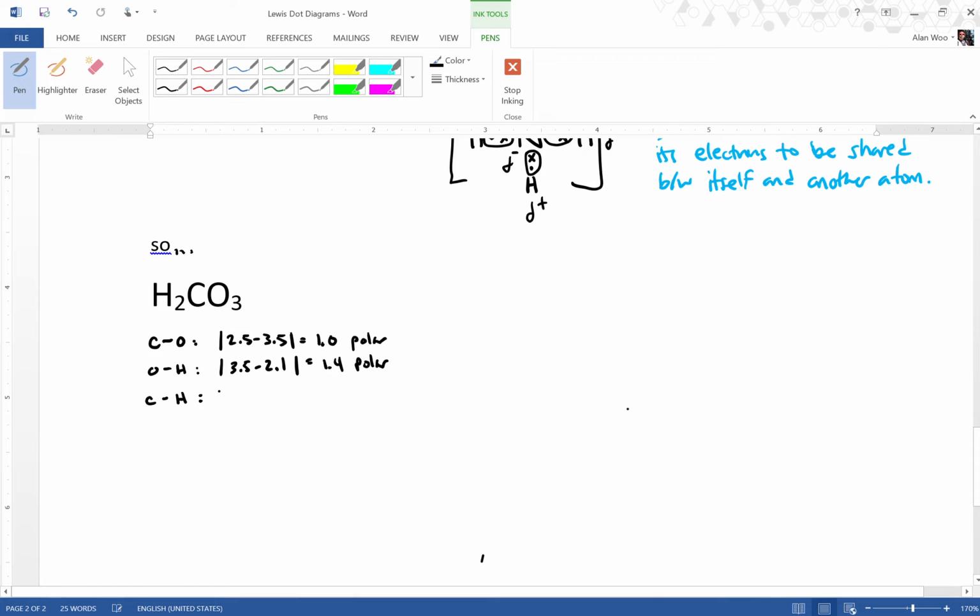So for C and H, the absolute value of 2.5 minus 2.1 gives you 0.4, which is actually nonpolar. It's actually on the cusp. It's like a hundredth away from being polar.